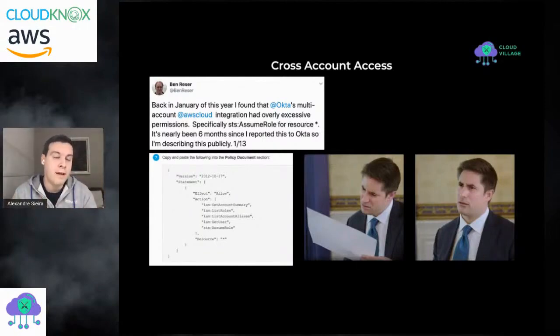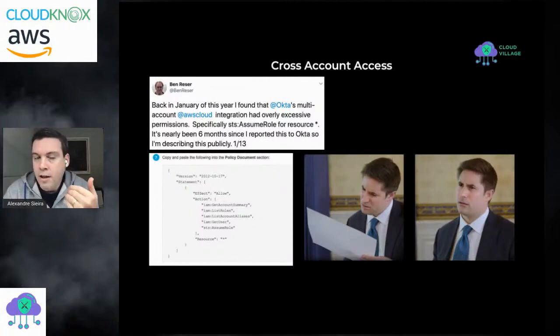What I hear from Ben, and I asked for his permission before sharing this and his opinion on this, is that Okta has been very slow to respond. He's been six months trying to convince them that this is serious. So far, they have updated their documentation. But as far as Ben knows, or from what he told me, they have not notified existing customers to change and reduce those overly permissive roles that have been assigned.